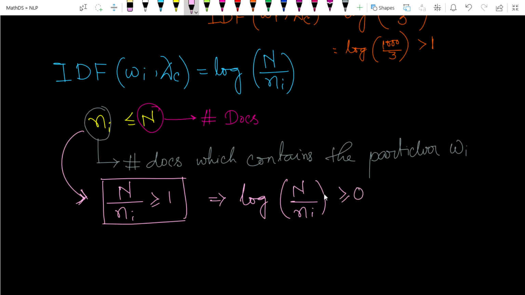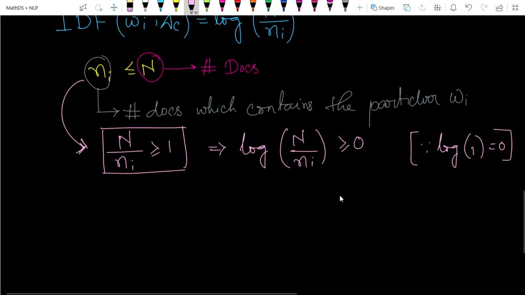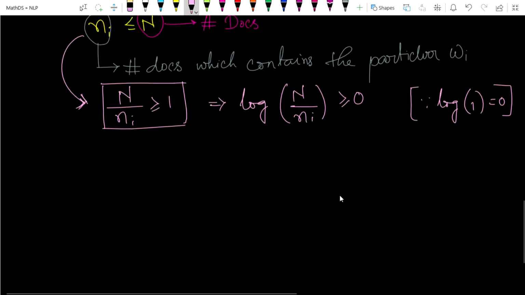Since we know log of 1 is 0, and the ratio is greater than or equal to 1, it must be greater than or equal to 0. I think you will understand it.